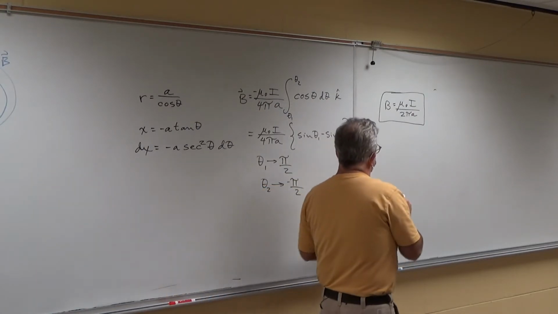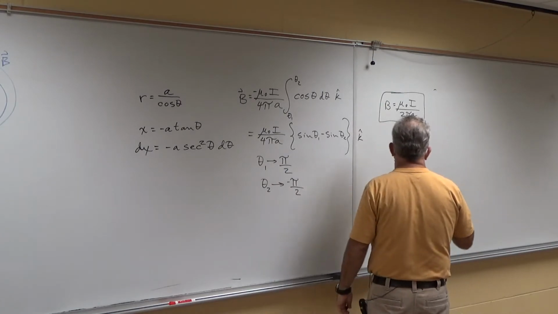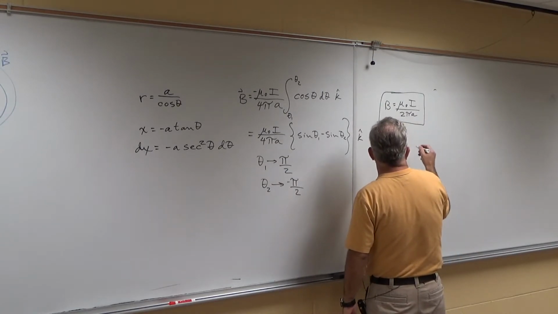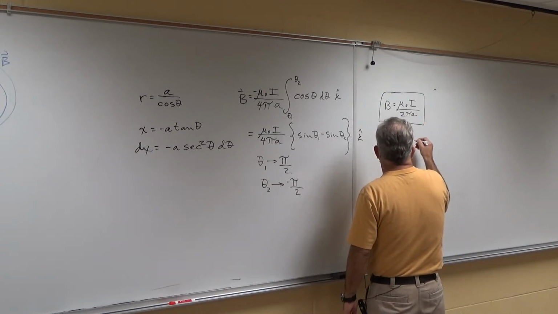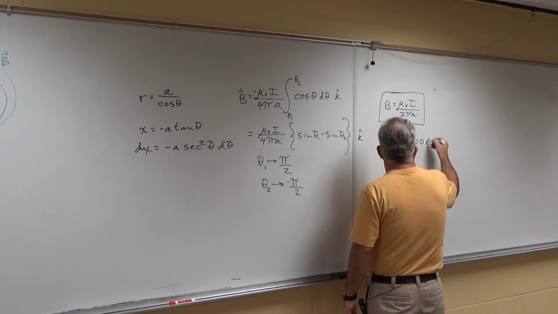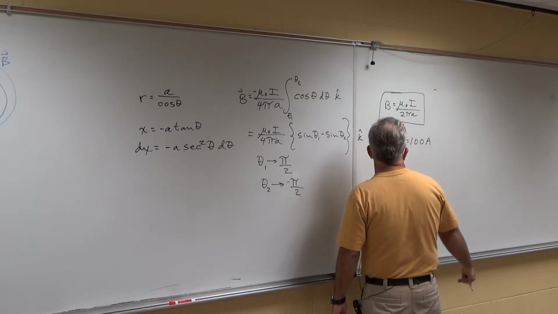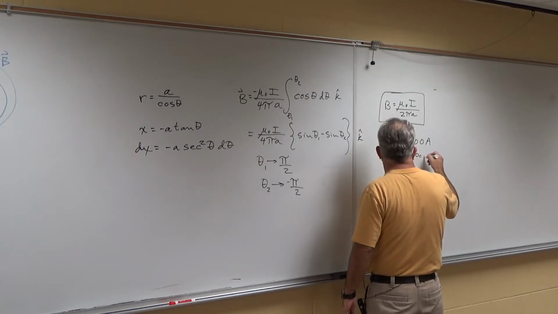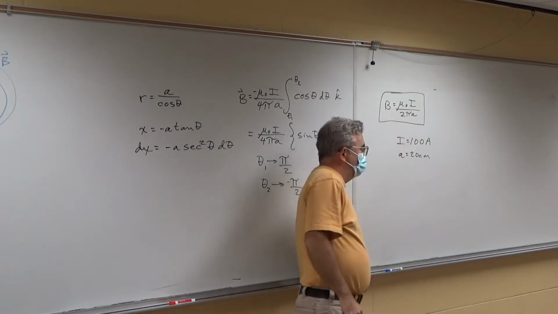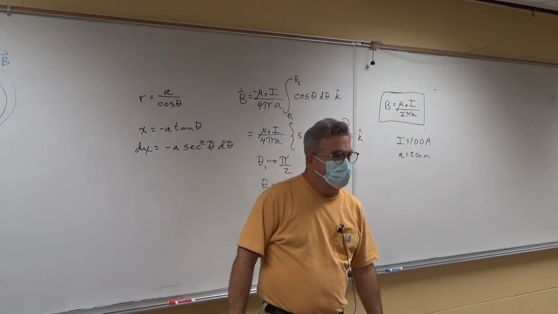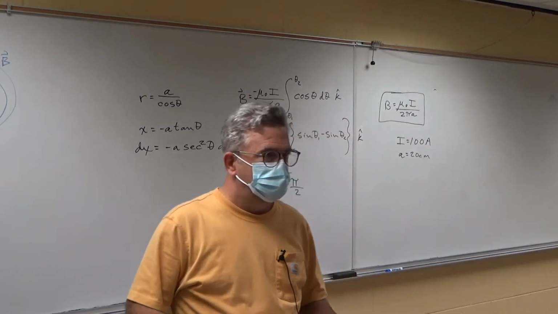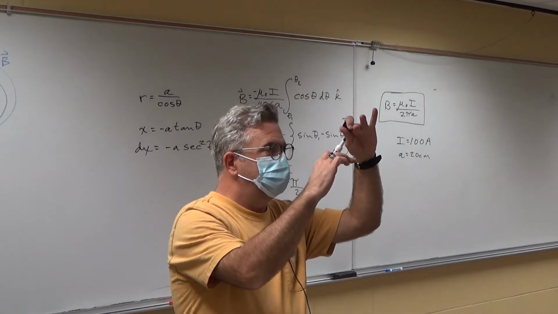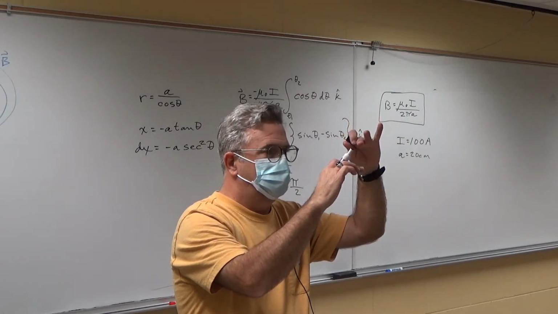Let's calculate the magnitude just to get a feel for the size of this. Simple calculation. Let the current equal 100 amps. That's reasonable. Let's say we're 20 centimeters from the wire. So back to the picture that I just drew, you're 20 centimeters above a wire that's long and straight.